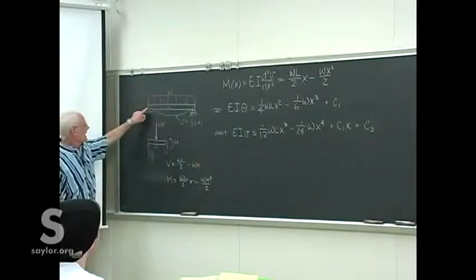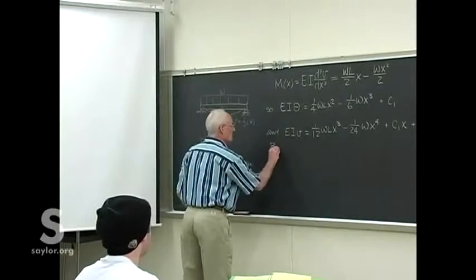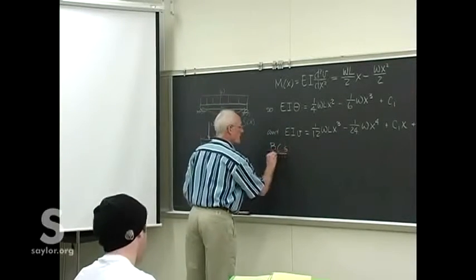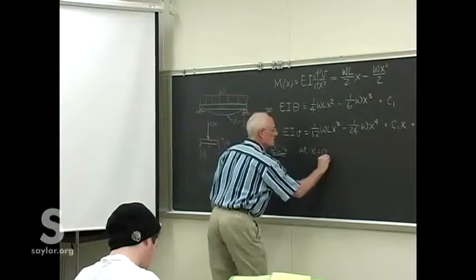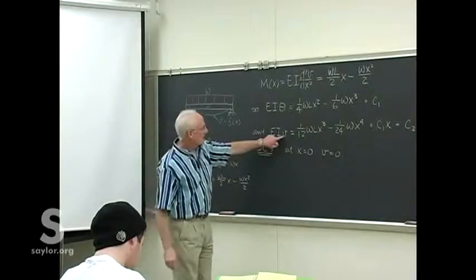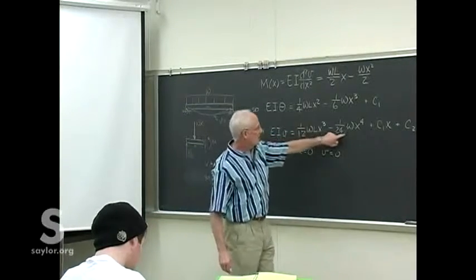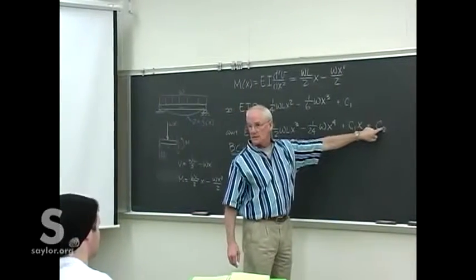Well, yeah, at x equals 0, there's no deflection. So our boundary conditions are at x equals 0, v equals 0. So that's 0, that's 0, that's 0, that's 0, that must be 0.